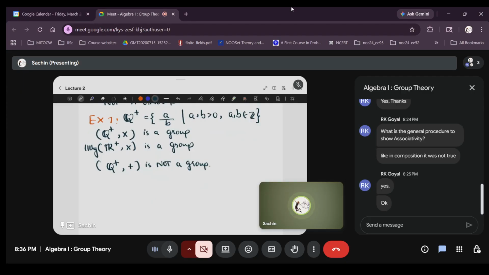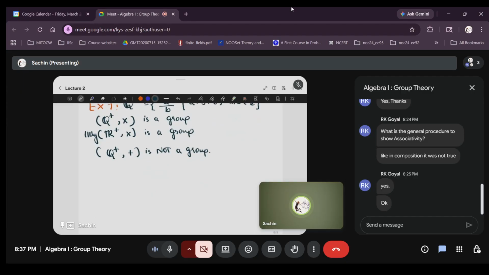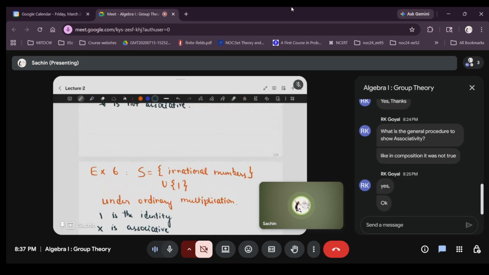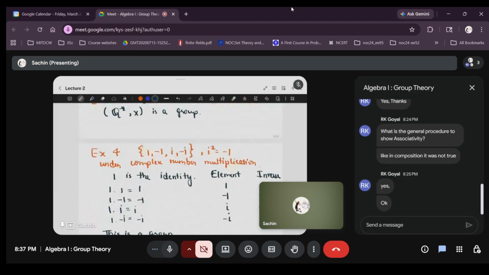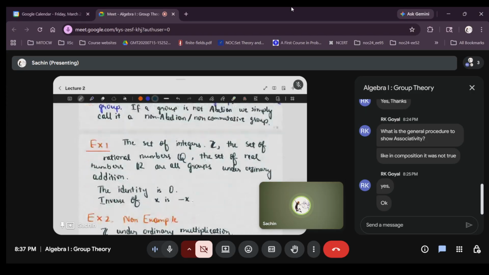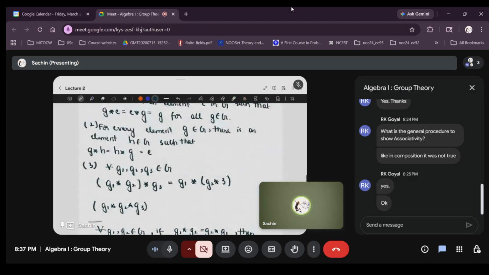The next example is, so far all the groups that we have seen are all abelian groups. The order of the operation did not matter. The result was the same whether you did A star B or B star A. So then if all the groups have that property, then we would have simply included that as one of the conditions and called that a group instead of an abelian group.